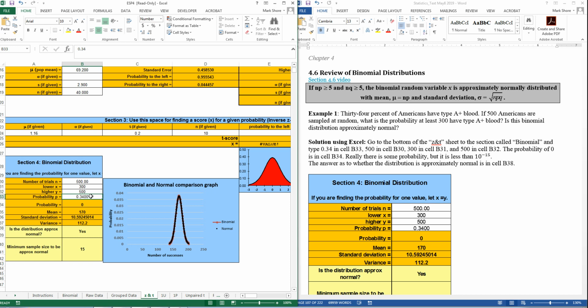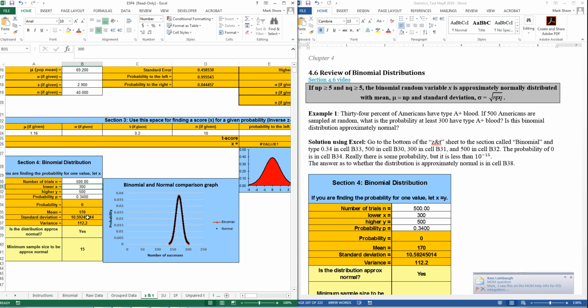I would expect 34% of the 500 people to have type A positive blood. Multiplying 0.34 times 500 gives you 170. The lowest value that we're getting the probability of is 300, and that is way above 170. So it's very unlikely that 300 would, and even more unlikely that more than 300 would.